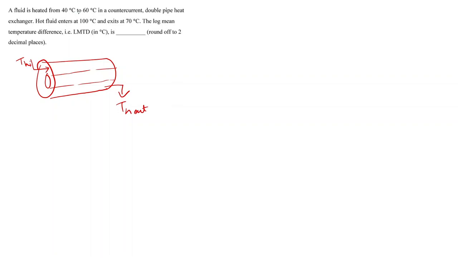And cold fluid is from 40 to 60. And here we have been given counter current. So the direction of the flow of both this hot fluid and cold fluid will be opposite. So this will be TC in, this is TC out.